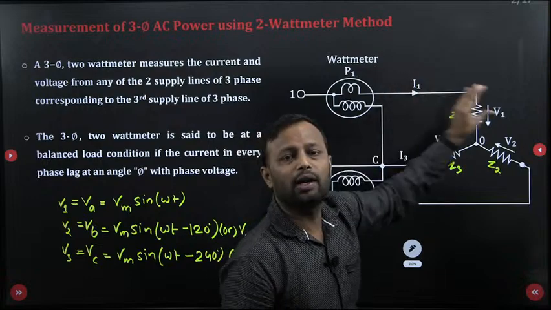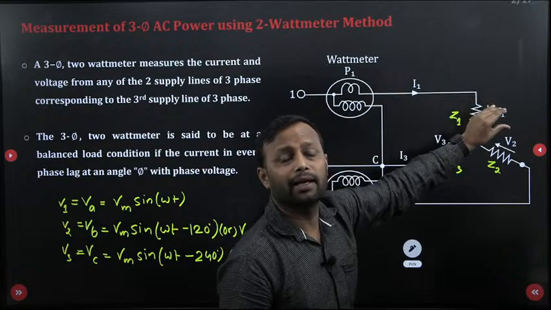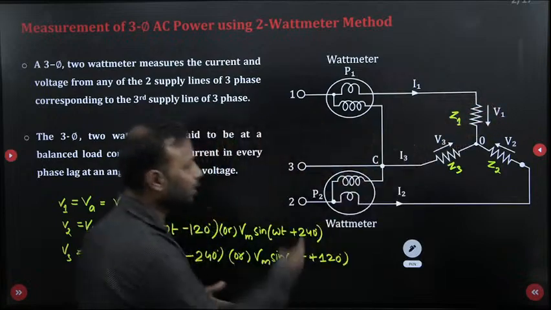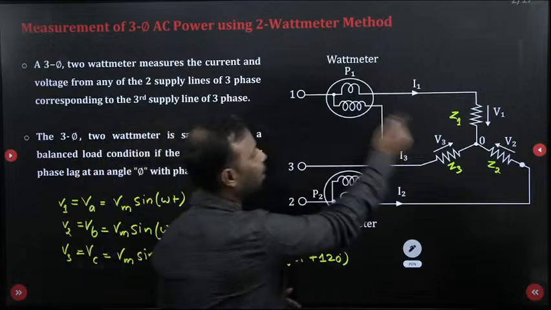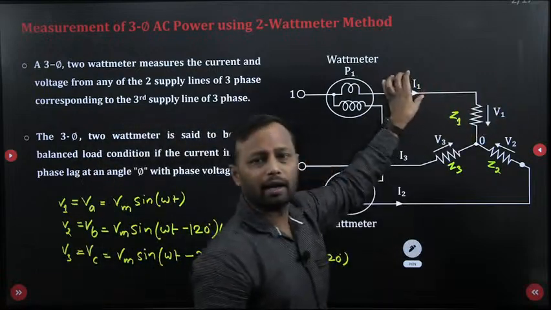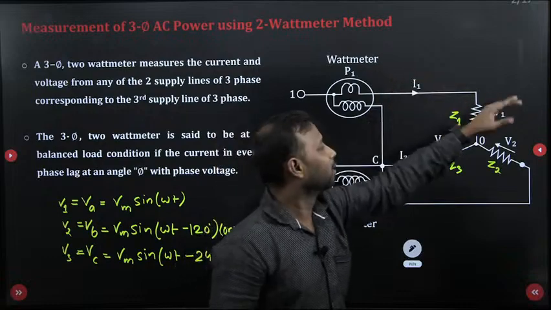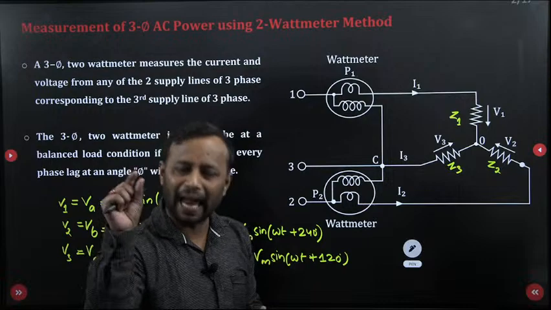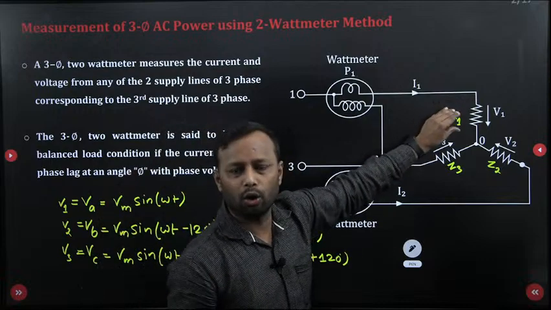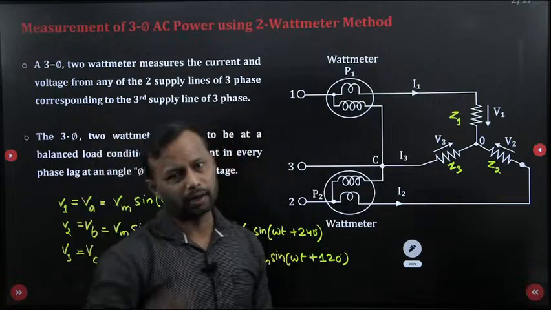I1 will lag the voltage V1 by an angle phi. Applying KVL, you will see that your line current or phase current will lag the voltage V1 by an angle phi, where phi is the impedance angle of the load, which is the same as the power factor angle of the load.